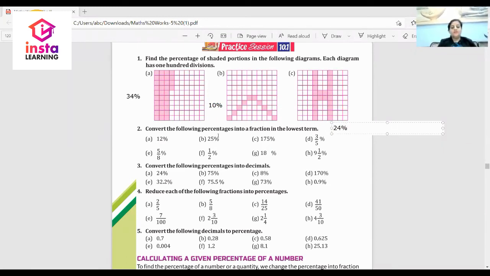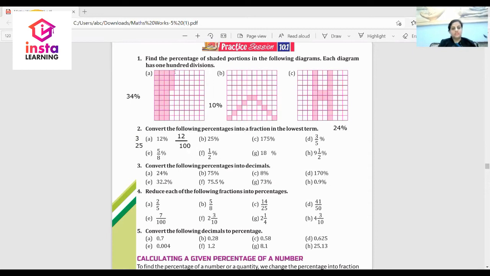Now convert the following percent into fraction in the lowest term. Lowest term means you have to put the fraction sign, that is 12 upon 100. 100 will come down. When you make it in the lowest term, the answer of 12 upon 100 is 3 upon 25.